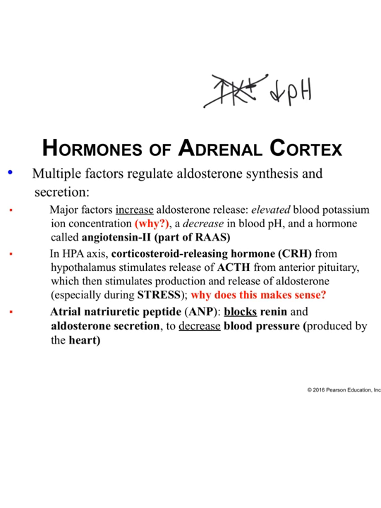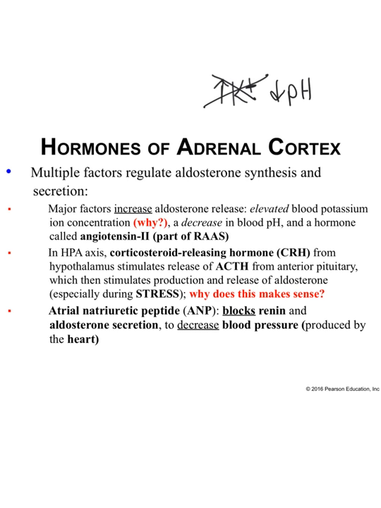And then also a hormone which we call angiotensin II, which is part of this system. When angiotensin is released, which is one of these steps, we're going to go over the steps in a minute, it's actually going to further increase the release of aldosterone.